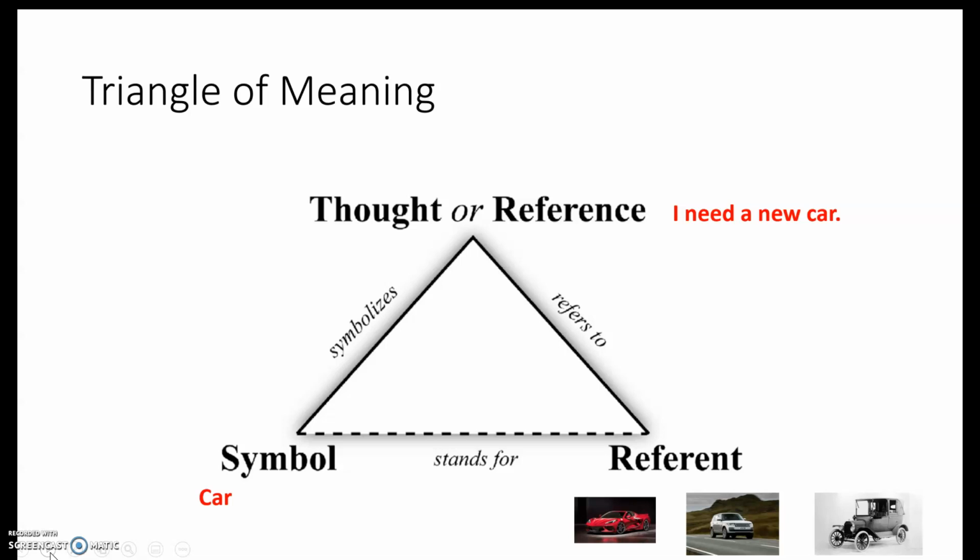So if I say to you, I need a new car, we understand the statement. We symbolize that with the word car. However, what we think about as it references that symbol can be very different. Now, you can take a more complicated concept than car and see how this works as well.